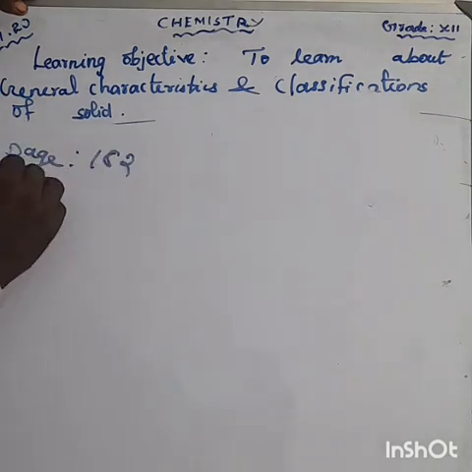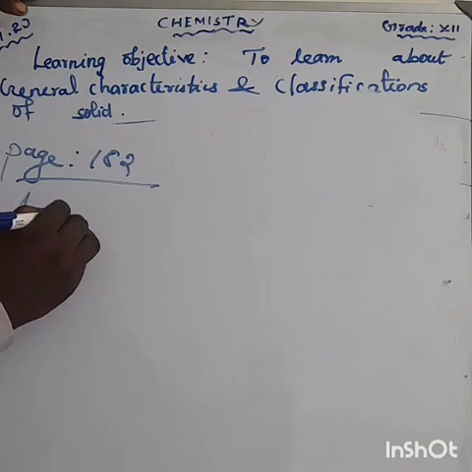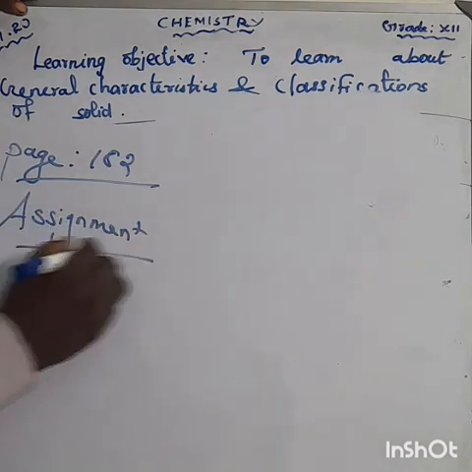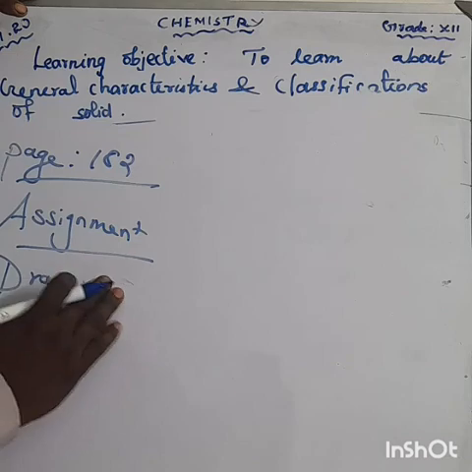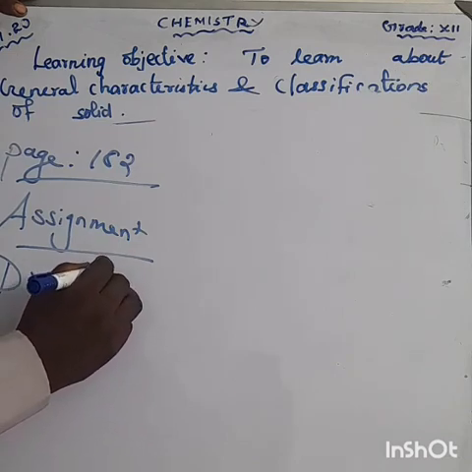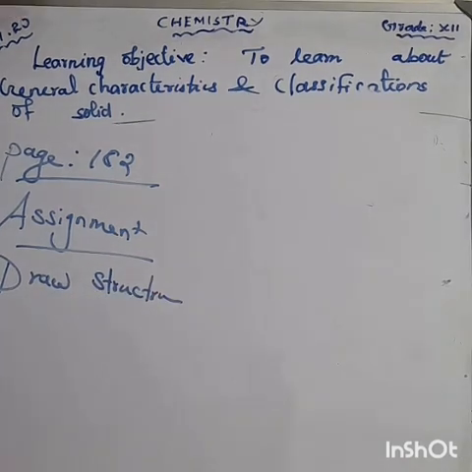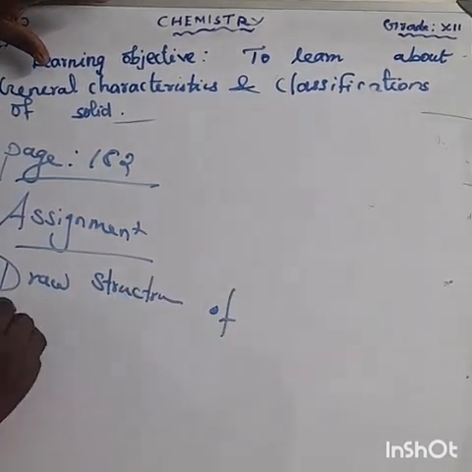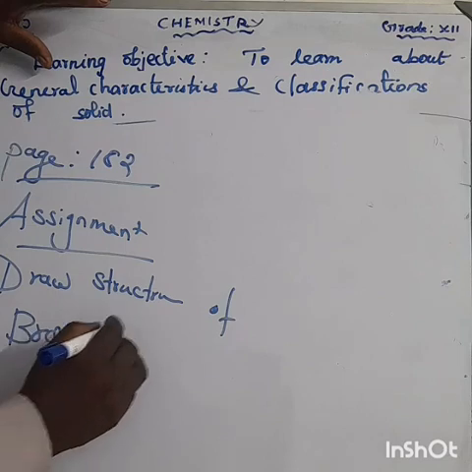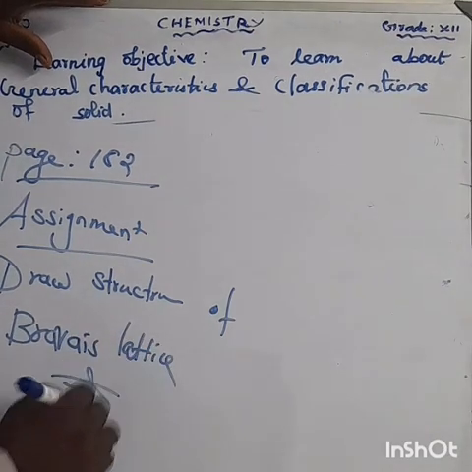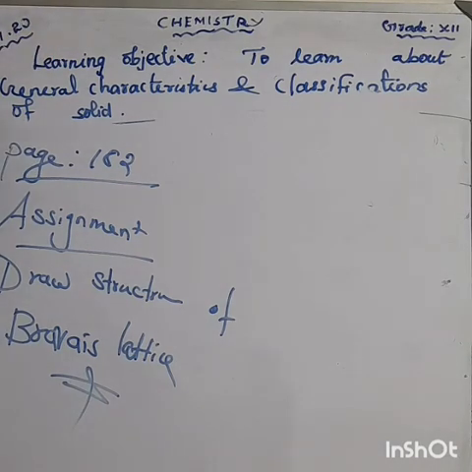Page 182, the assignment: draw the Bravais structures. They have cubic, tetragonal, hexagonal, orthorhombic, monoclinic, trigonal and triclinic. These are examples. Please draw these Bravais lattices on page number 182.